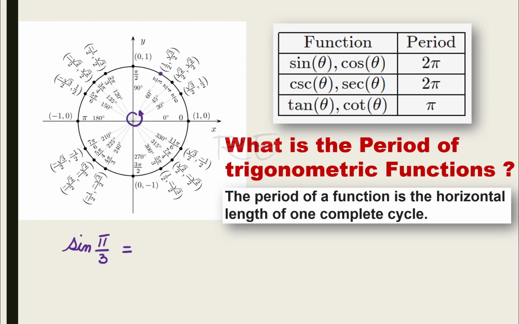What does it mean? If we know the value of sine pi over 3, that value is the same as sine of pi over 3 plus 2 pi. From the chart, the value of sine pi over 3 is square root of 3 over 2. If we add 1 revolution to pi over 3, that value stays the same.